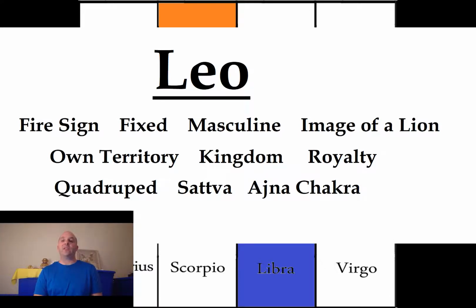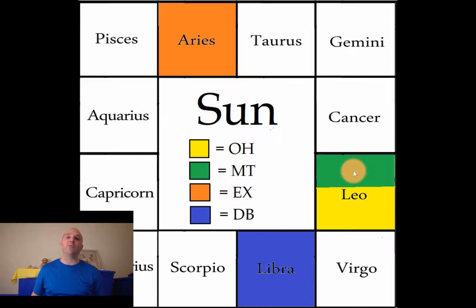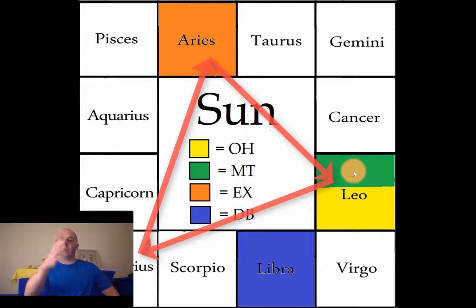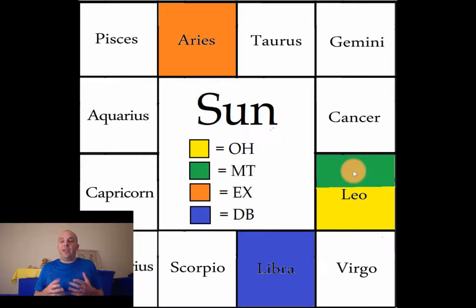Being that natural 5th sign, like the 5th house, it's a natural dharmic sign. If you were to count all the fire signs in the natural order of the zodiac, they would be all the dharma houses, the 1, 5, and 9. And so Leo and fire represent the self.